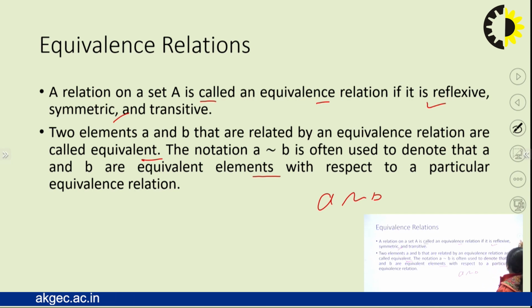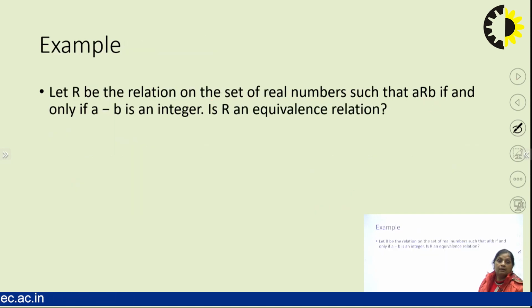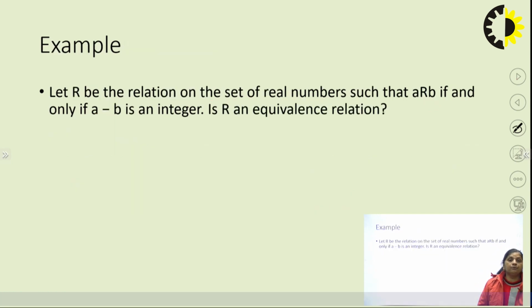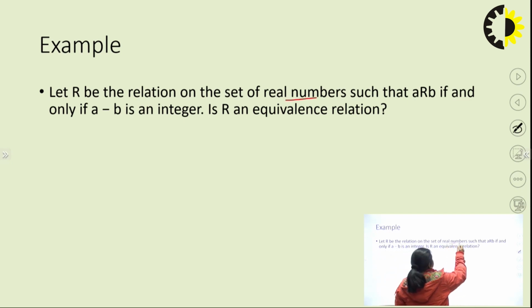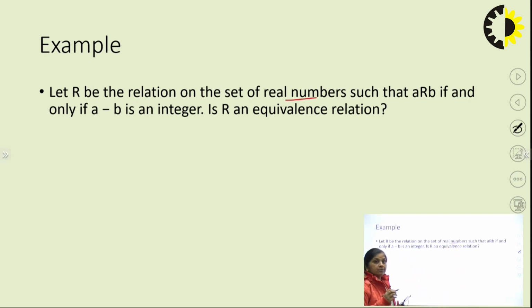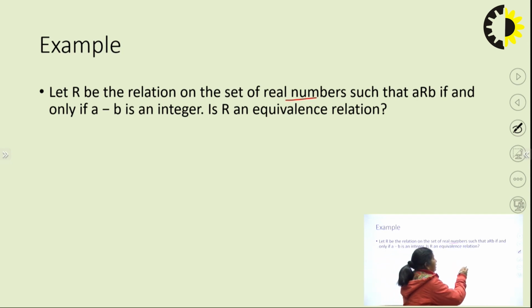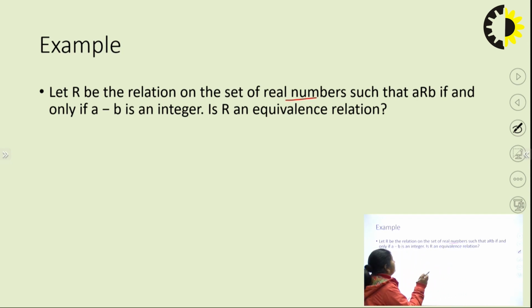Now let us check whether a given relation is an equivalence relation or not. Let R be the relation on the set of real numbers such that A is related to B if and only if A minus B is an integer.